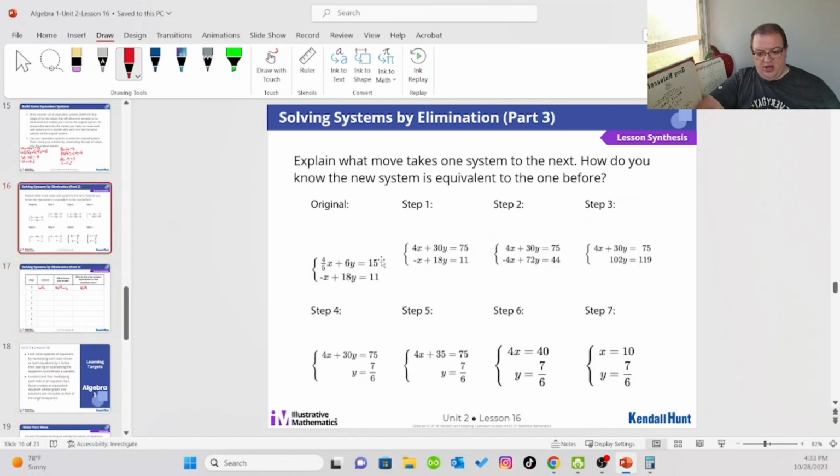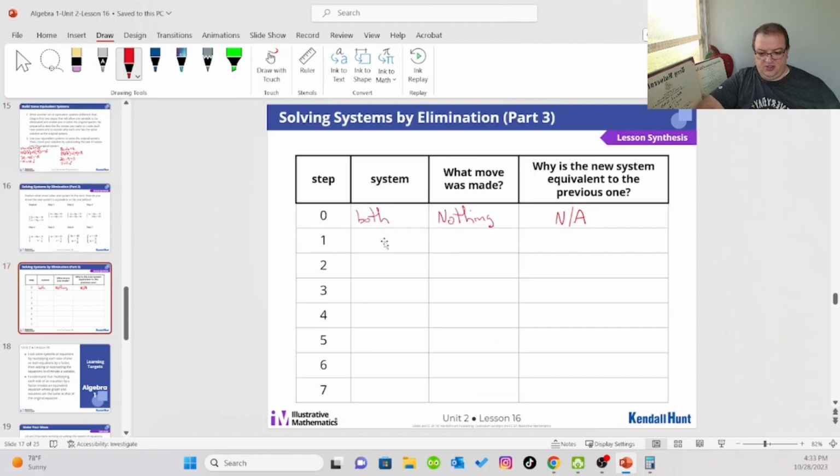In step 1, we see that the top equation has been multiplied by 5. So 4/5 x plus 6y equals 15.